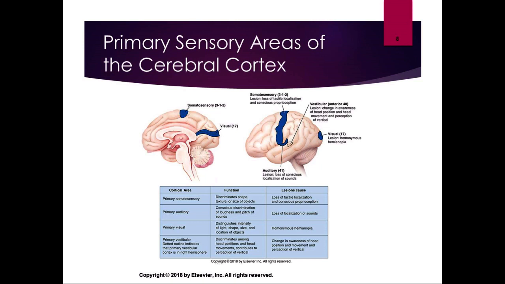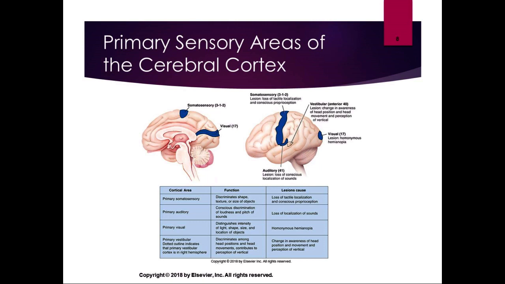So if you have a lesion in the primary somatosensory area, you're going to lose tactile localization, and you're going to lose conscious proprioception. If you have a lesion in the primary auditory area, you're going to lose localization of sounds. If you have a lesion in the primary visual area, you're going to end up with homonymous hemianopia, because you're going to lose part of your visual field.